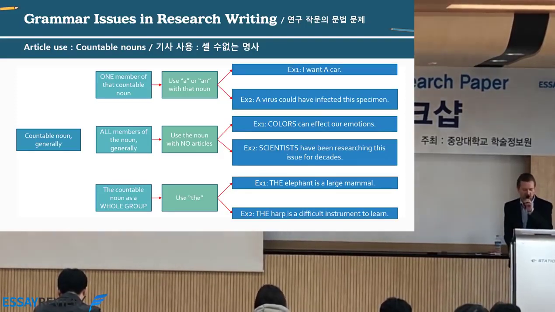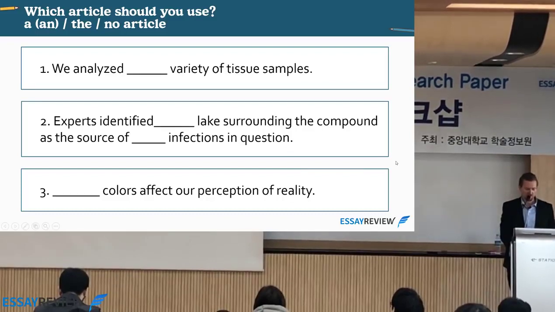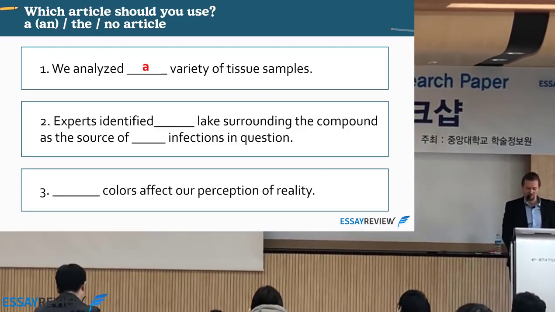So let's do a quick quiz. Which article should you use? We have a, an, the, or no article. How about number 1? You can just shout it out, anybody. We analyzed a variety of tissue samples. Number 2, experts identified the lake surrounding the compound as the source of the infection.